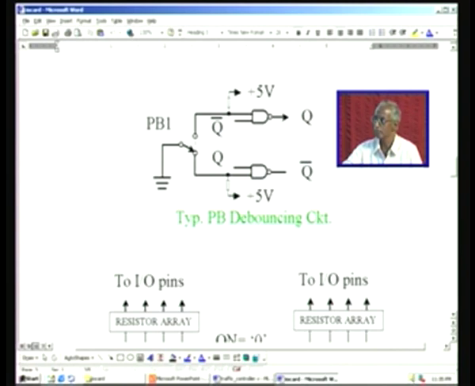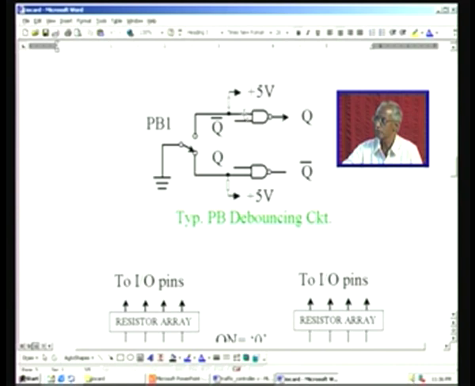So in between it is always in a store mode, and here also you can analyze, because it is 1 here and Q was 0 there, so it is naturally 1 here. So 0 and 1 are preserved, that is, it is in a store mode. And now let us see when this contact is made here, this is forced to 0 for the time being.